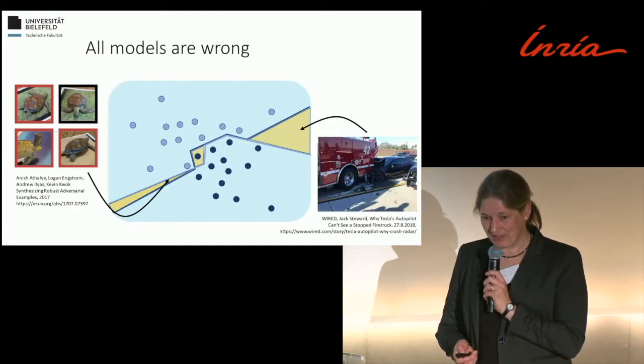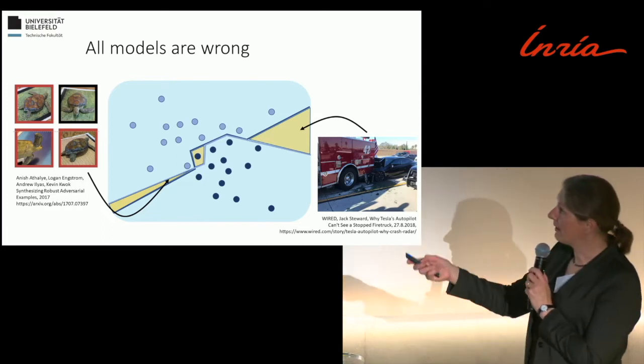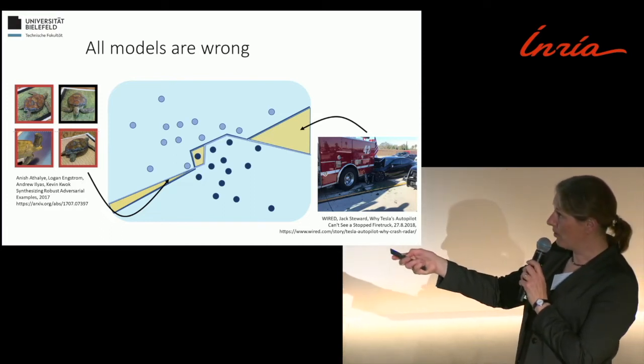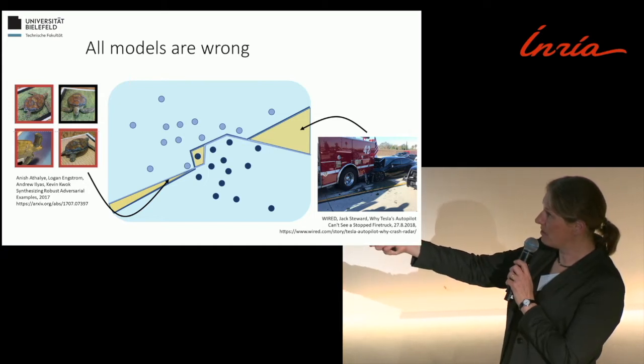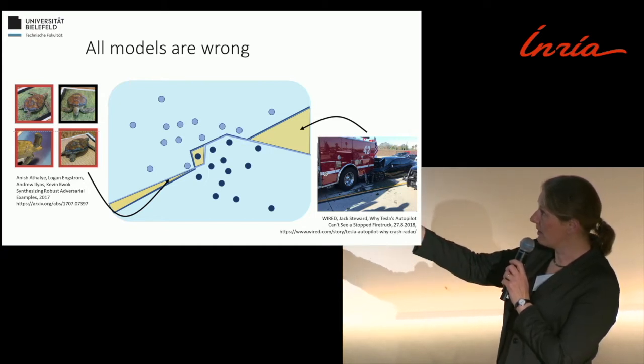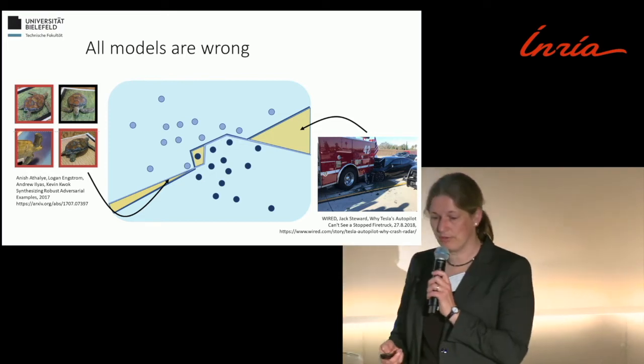That is a challenge. If I have a model like that, can I equip the model such that points like that are just rejected, rather than doing a wrong classification?